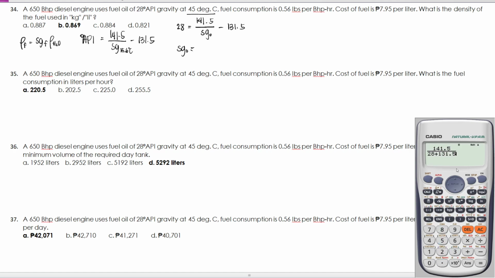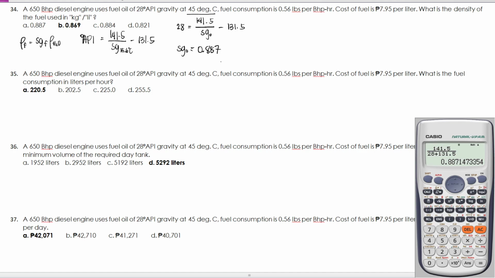Ayan. So, diniretso ko na sa ating calculator para sa ganun ay SG na agad ang ating makukuha. Okay? So, 141.5 over yung degree API plus 131.5. So, kapag ganito yung ating ginawa, direkta na natin makukuha is yung SG at standard temperature. That is equal sa 0.887.